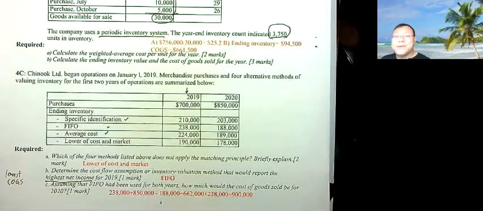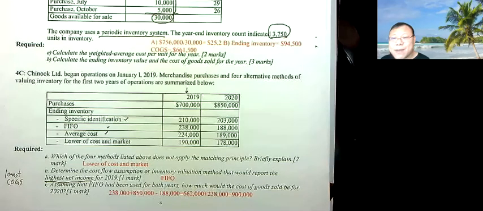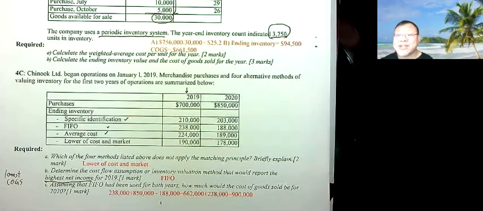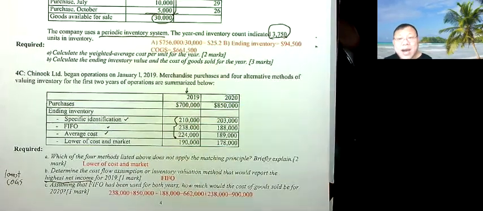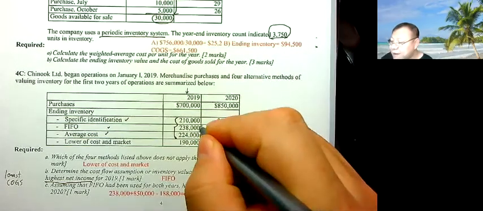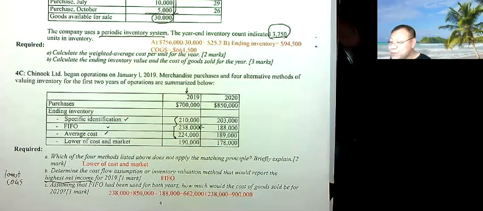Only if you have the lowest cost of goods sold can you have the highest net income. If you have the lowest cost of goods sold, that means you are not selling too much, so you should have the largest inventory, right? If you compare the methods, which one has the largest inventory balance? And the answer is FIFO, 238,000.